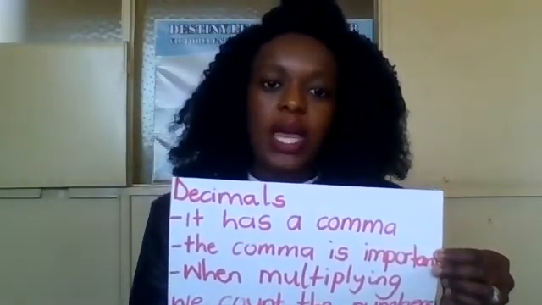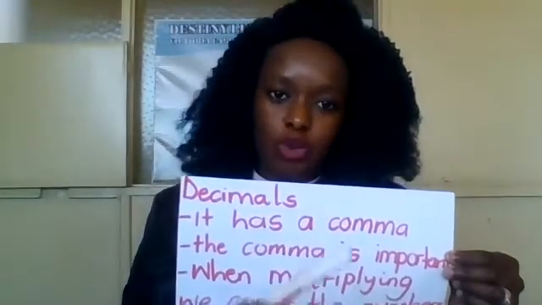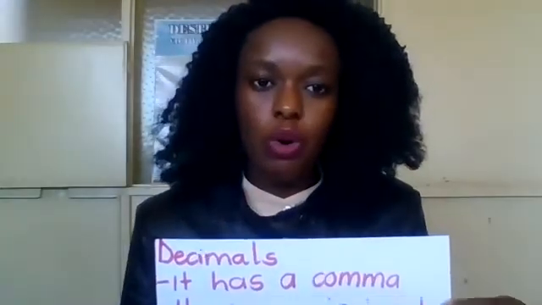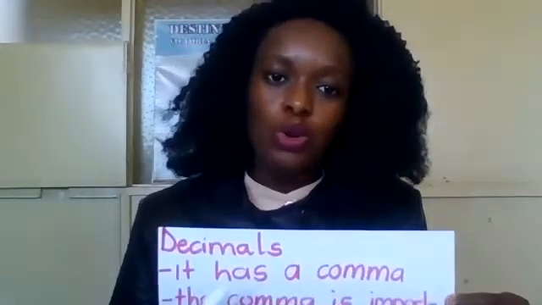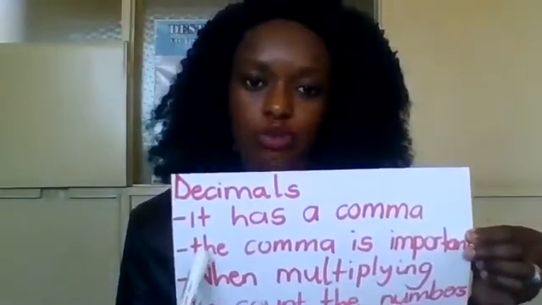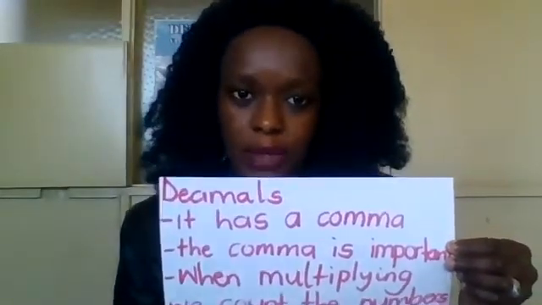Why? Because as you are multiplying, you multiply as if there is no comma, but when you are looking at the answer, you have to know that the comma is important. For example, when you say 3,25 times 11, the comma is important.